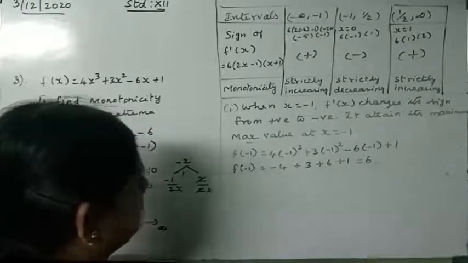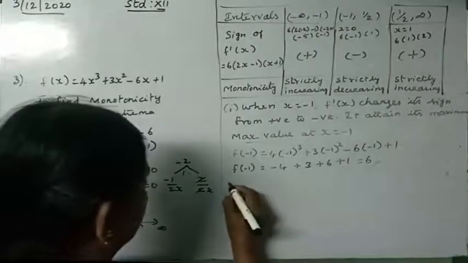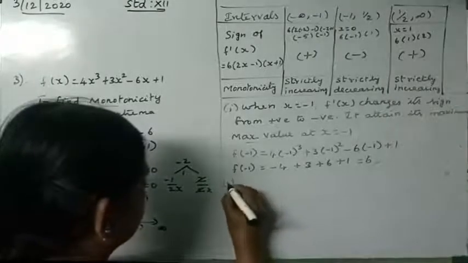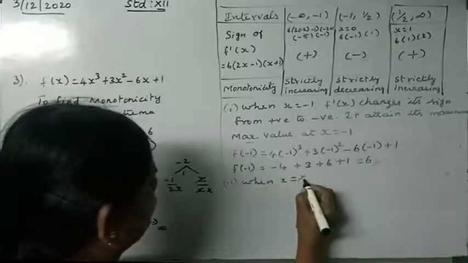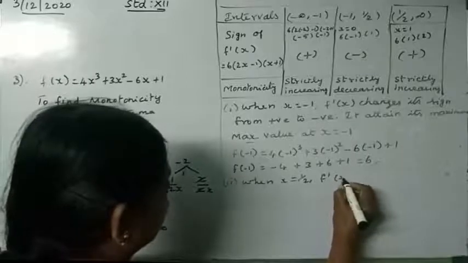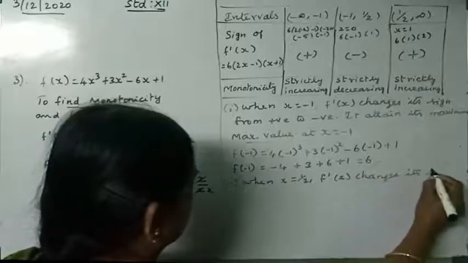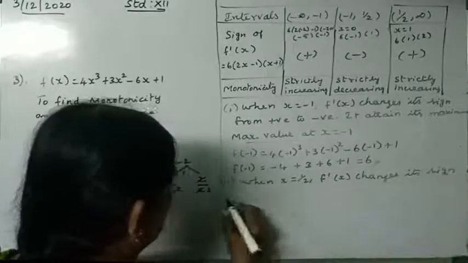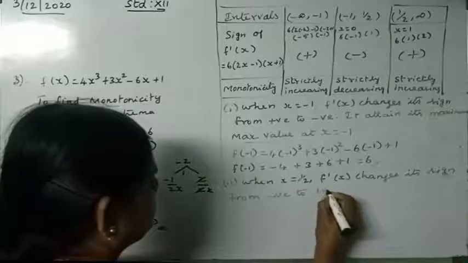So it is the maximum value. Now we want to find the next minimum value, that is when x is equal to 1 by 2, f dash of x changes its sign from negative to positive.